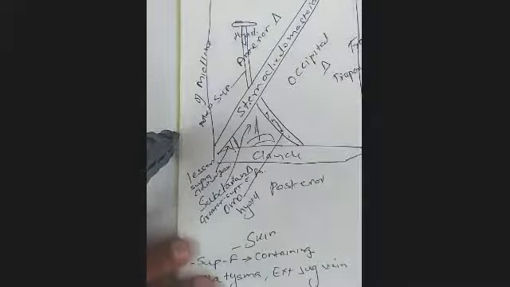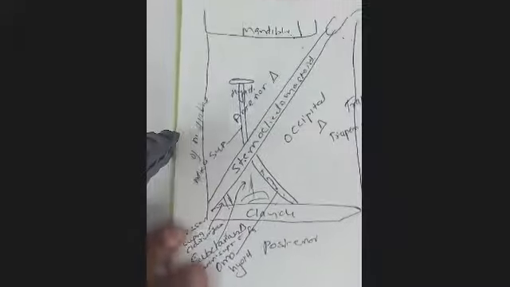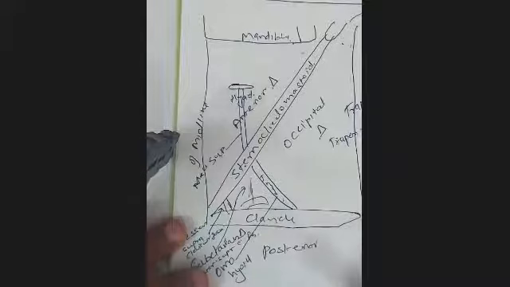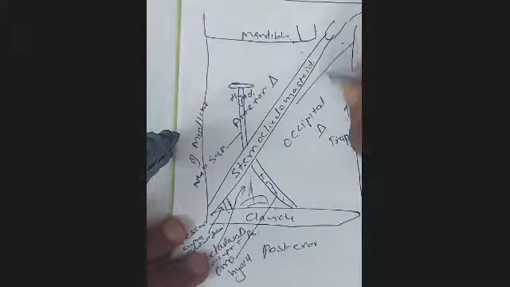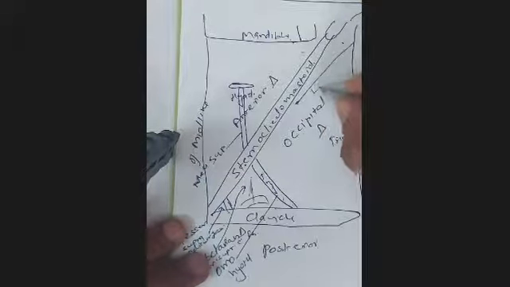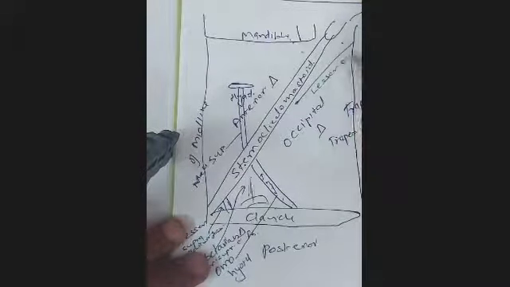We have come across the names of these when we studied the nerve supply of the scalp and face. So their names are mostly occipital or auricular. So here we have a nerve called lesser occipital.